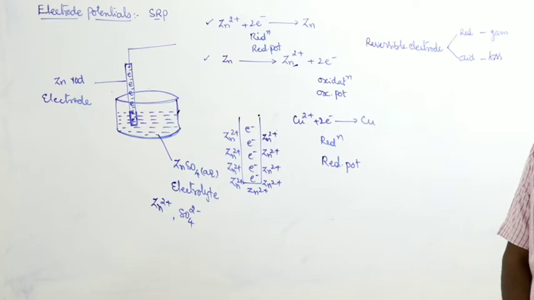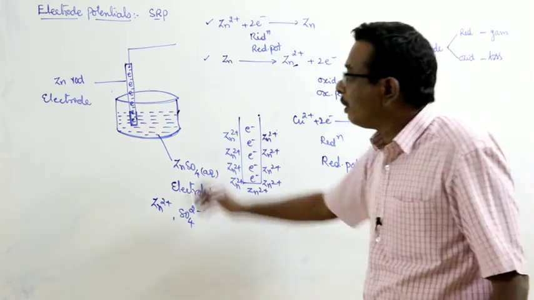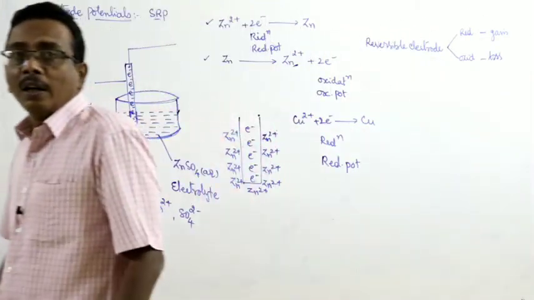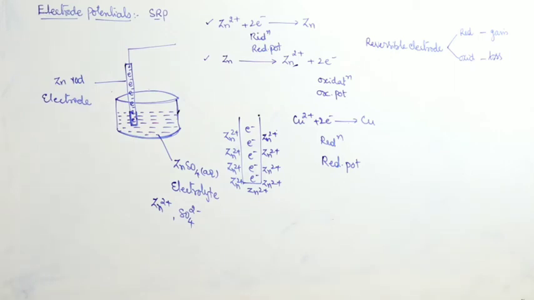Okay. Electrode potential is defined: the potential difference between the surface of the metal electrode and its own ions in the half cell, or its own ions in the electrolyte, is known as electrode potential.